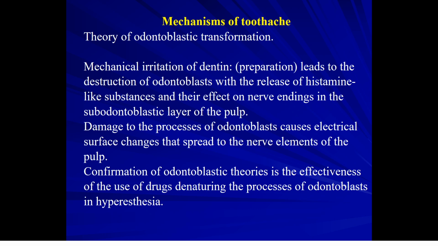Damage to the processes of odontoblasts causes electrical surface changes that spread to the nerve elements of the pulp. Confirmation of odontoblastic theories is the effectiveness of the use of drugs denaturating the processes of odontoblasts in hyperesthesia.